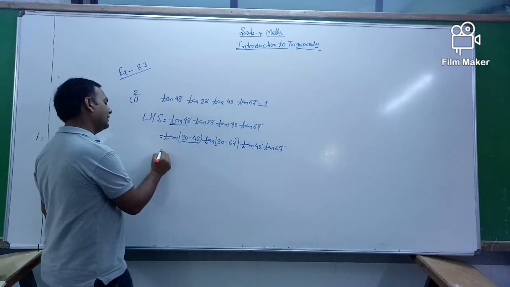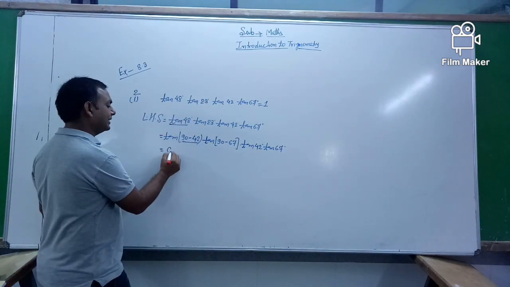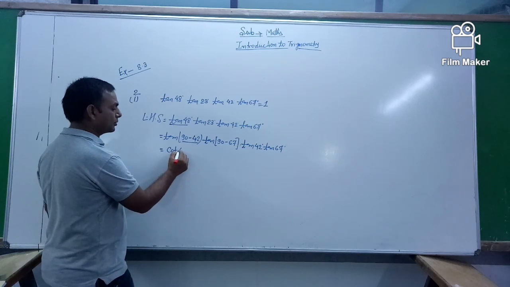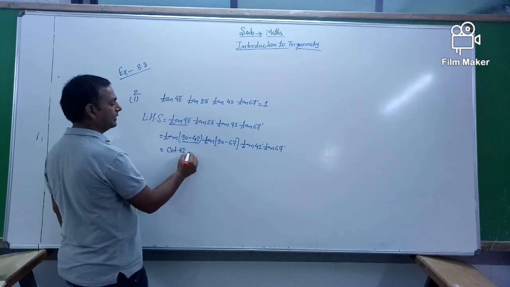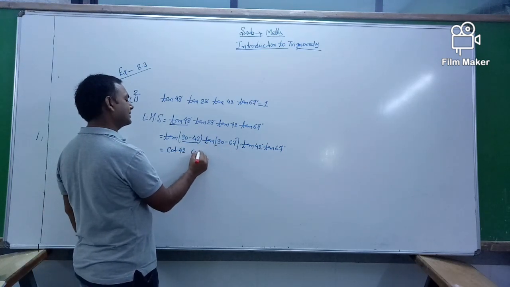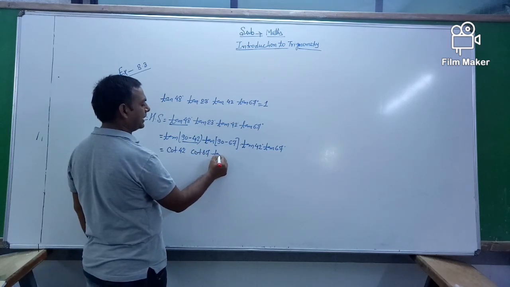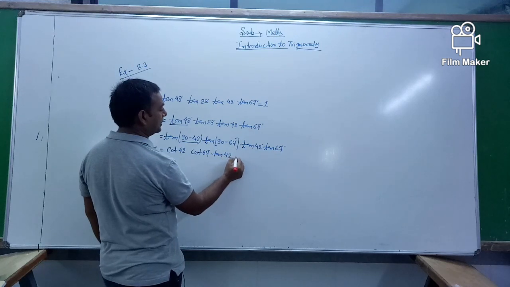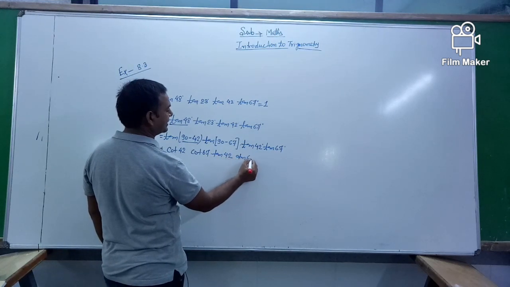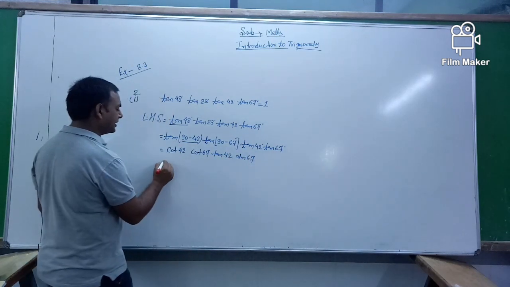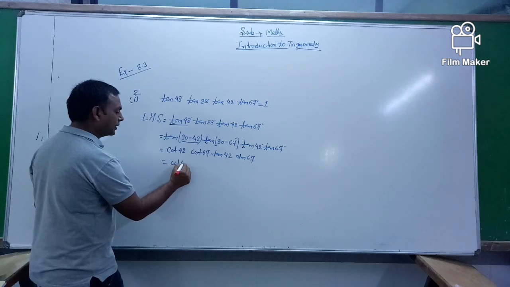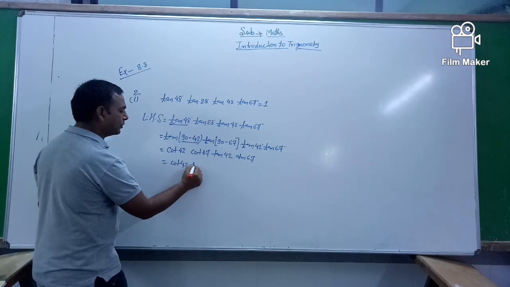According to the formula, tan 90 minus theta is cot theta, so cot 42. Then tan 90 minus 67 is cot 67, into tan 42 and tan 67. Then you take cot 42 with tan 42.